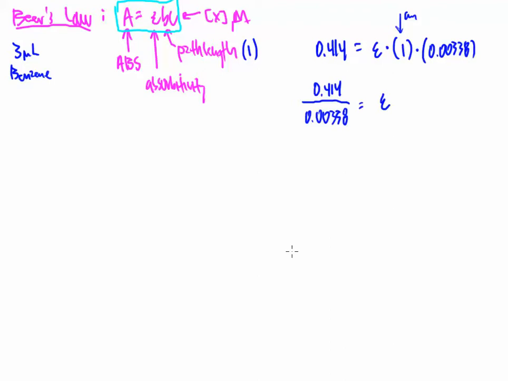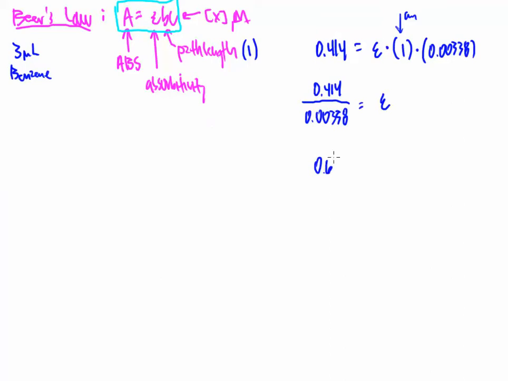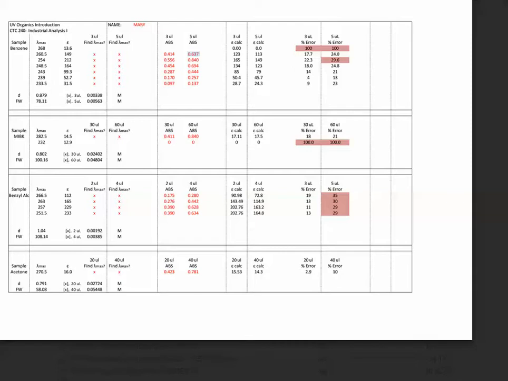So to the side: 0.637, the absorbance, equals the molar absorptivity times 1, because it was a 1 centimeter cuvette, times the concentration of the 5 microliter benzene, which is 0.00563.